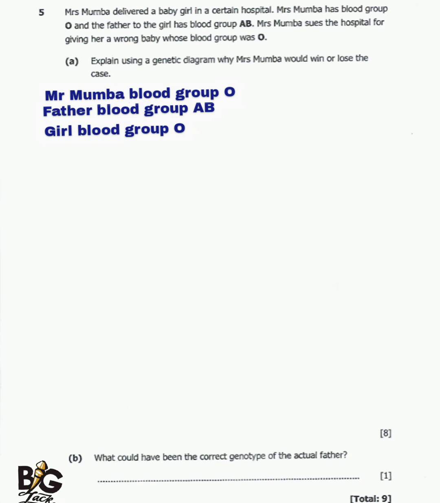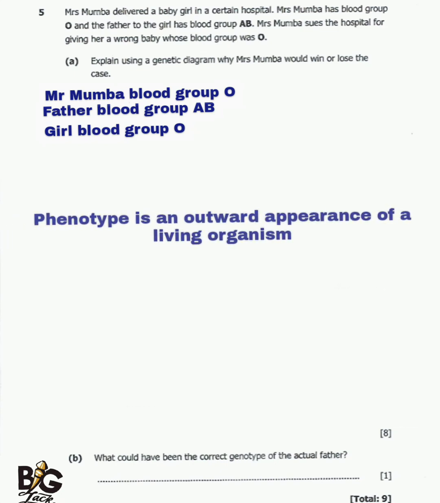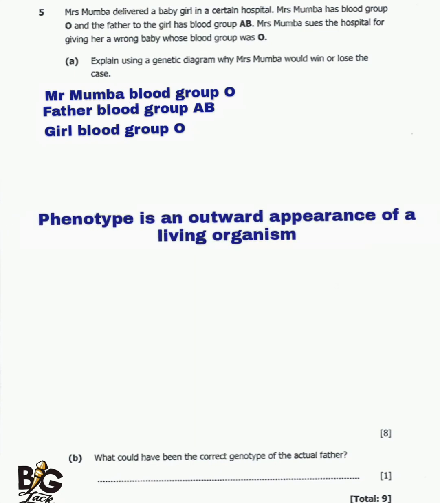Apart from that, you also need to know some terms used under genetics, like genotype and phenotype. Phenotype is an outward appearance of a living organism. For example, the way I'm recording this video, you can tell just by hearing my voice that I'm a male.